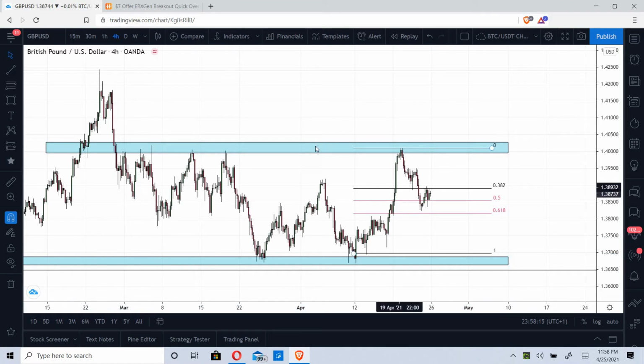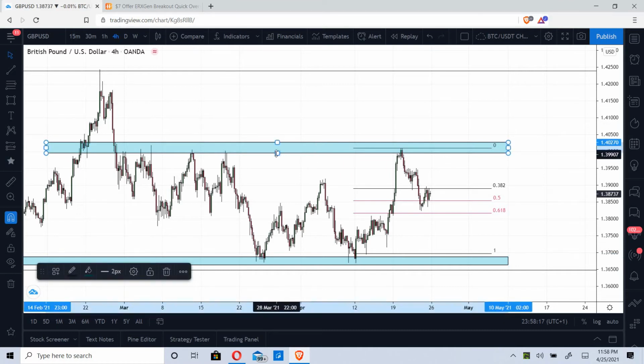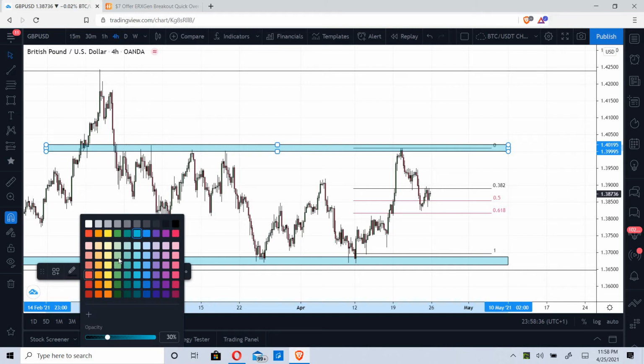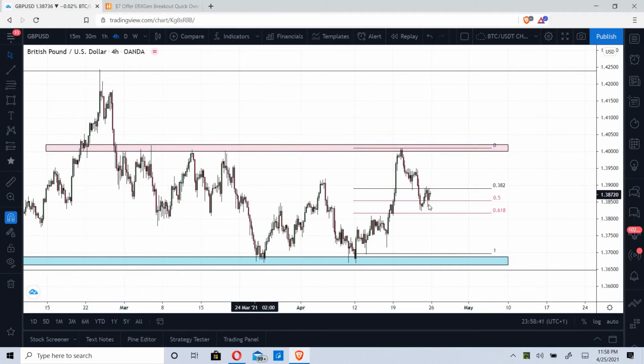We can change this to another color to differentiate support from resistance. This is a resistance level. Let's see if we can make the color slightly red. Okay, that's fine.